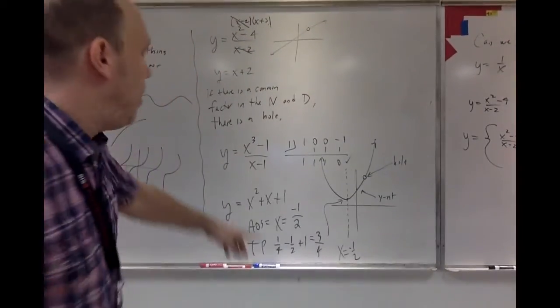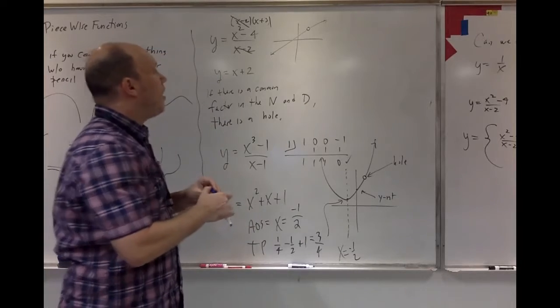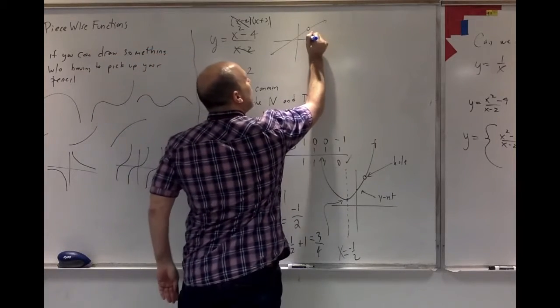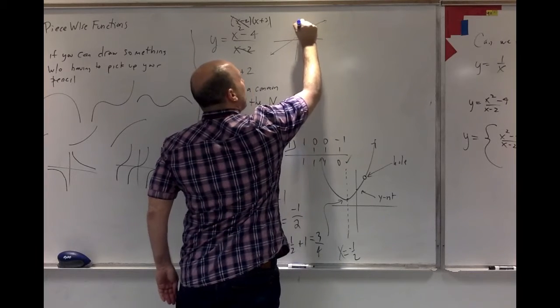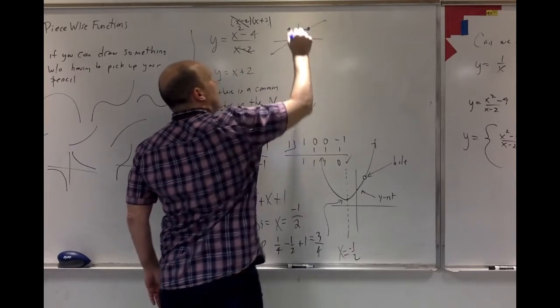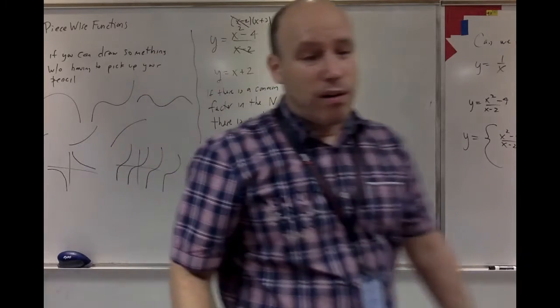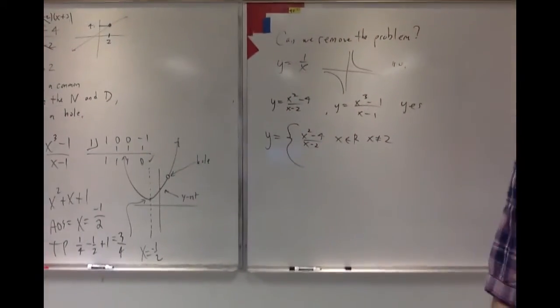But let's go back. What would be nice to be here? What is the value of this function when x is 2? Well, it would be nice if it was 4. If the function was 4, then I can remove the discontinuity.